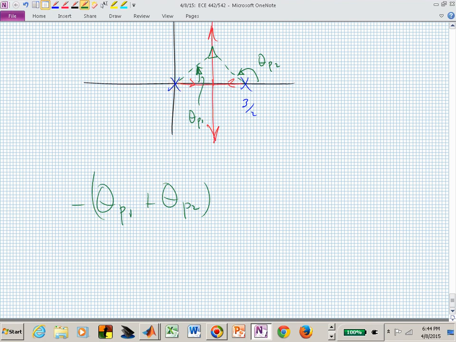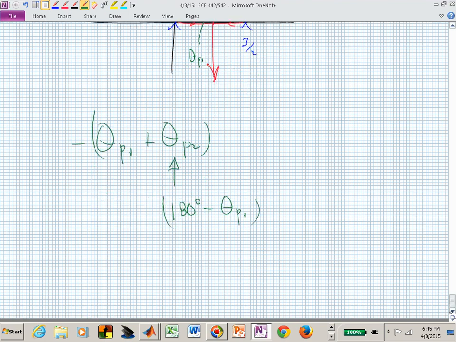Well, do you see how theta P2 and theta P1 are related? They're supplementary angles. Am I using the right phrase? They sum to 180. So theta sub P2 is actually 180 degrees minus theta P1. So that now if we looked at this, we now have minus theta P1 plus 180 degrees minus theta P1.